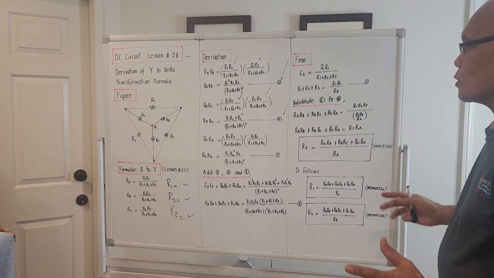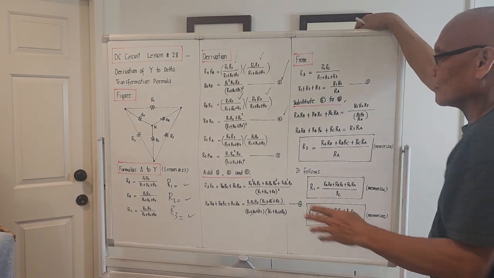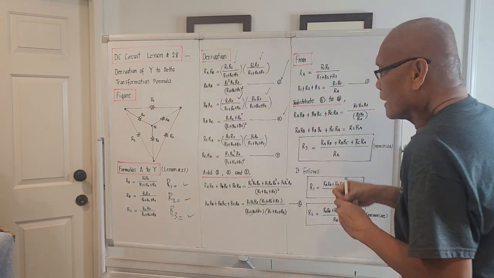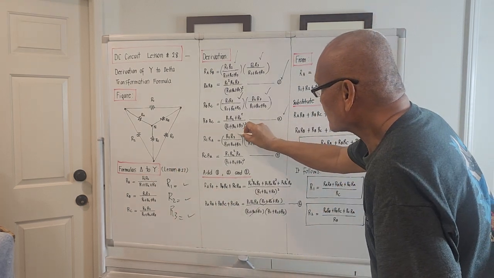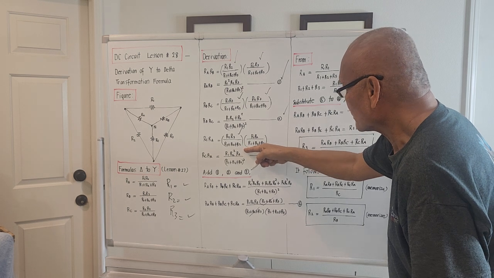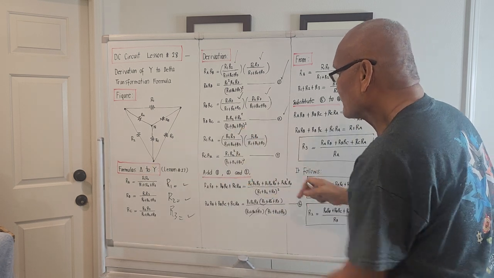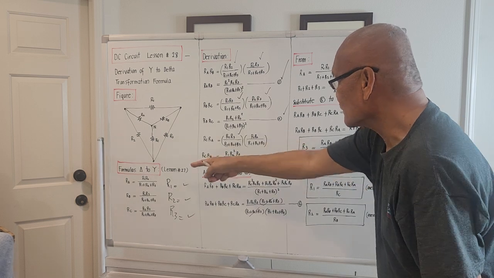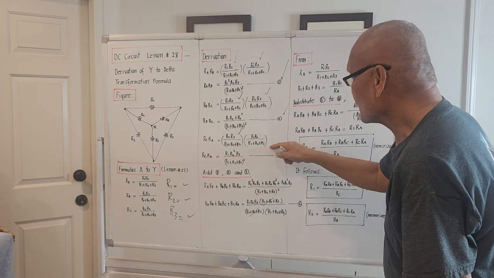We call this equation number 2. Okay? Supposing we try to multiply the value RC times RA emanating from this one. RC is this one, R2, R3, all over this quantity here, R1 plus R2 plus R3. And RA is actually R1, R2, the first one, all over R1 plus R2 plus R3.